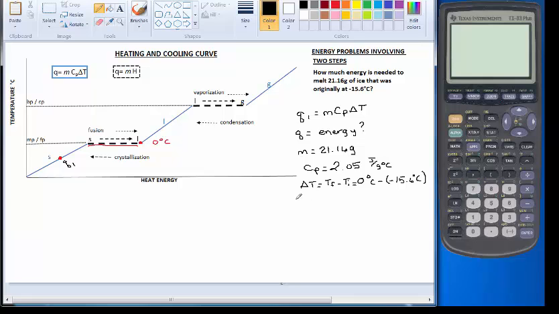So we can plug this information into our equation. Q1 is equal to 21.16 grams times our specific heat capacity, which is 2.05 joules per gram degree Celsius, and our change in temperature, 0 minus negative 15.6 gives us 15.6 degrees Celsius.